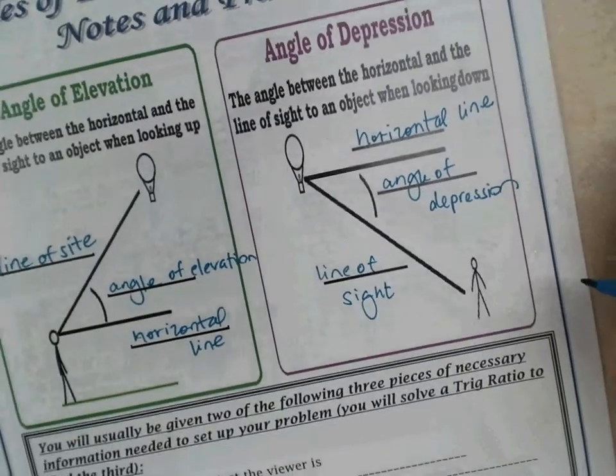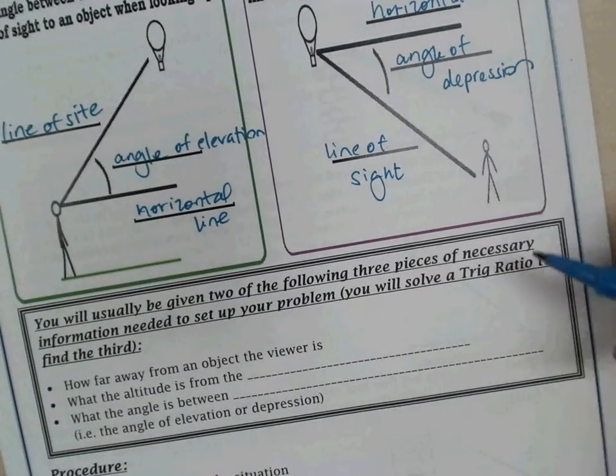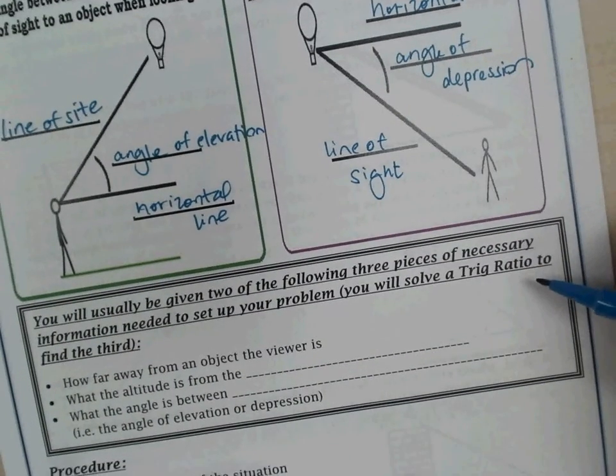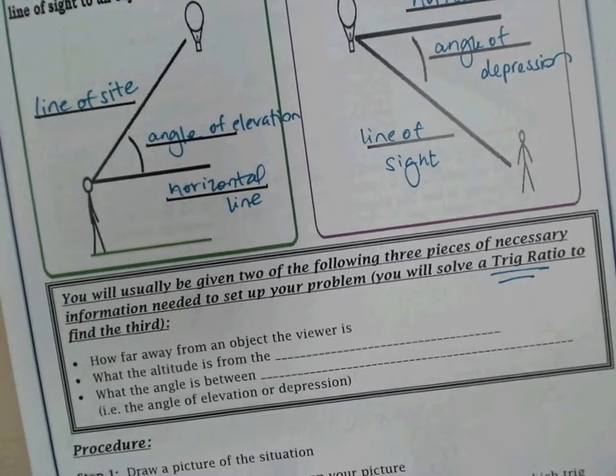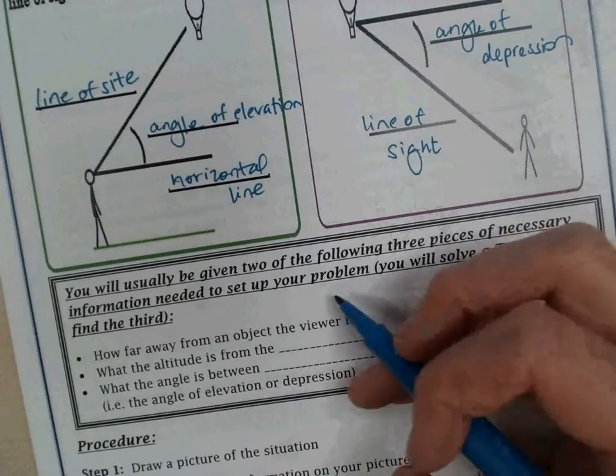So you will usually be given two of the following three pieces of necessary information needed to set up your problem, and then you'll have to use a trig ratio to solve for the third element of the situation.